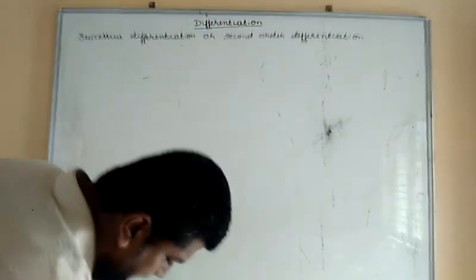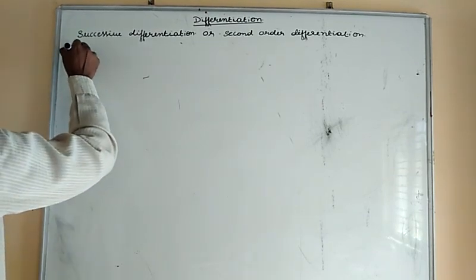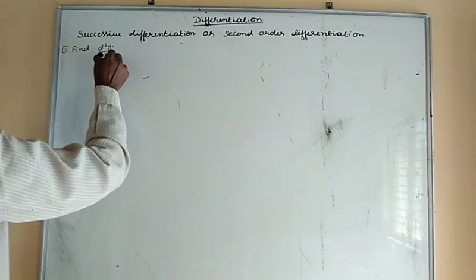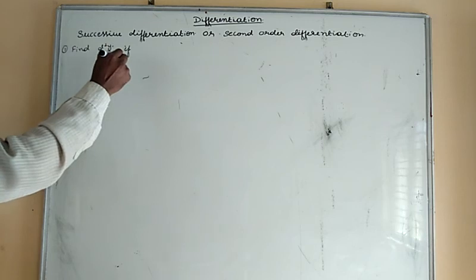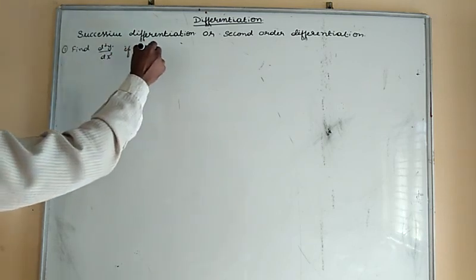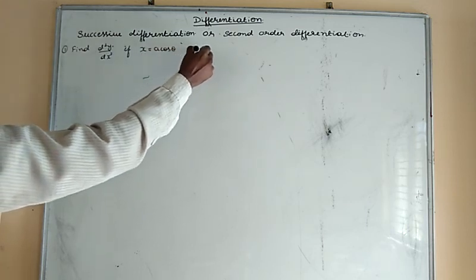Okay, take down the assignment questions. Find d square y by dx square if x is equal to a cos theta, y is equal to a sin theta.